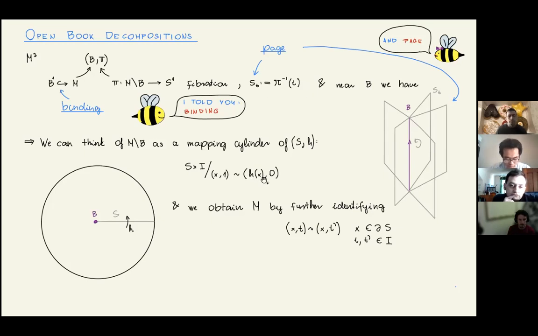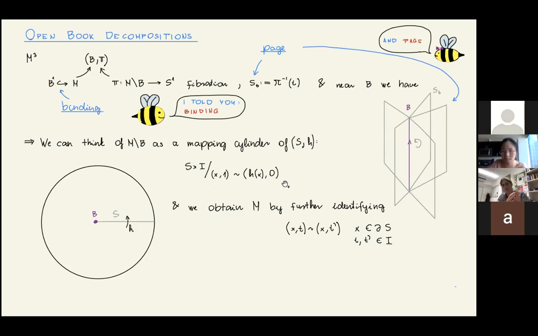And then if I take the mapping cylinder, I'm almost getting back my three manifold, except the binding appears as S1 many times. Then I'm getting back my three manifold just by killing these S1 many times, the binding. I'm just identifying them. Okay, nice cat. And that's how open books are defined.